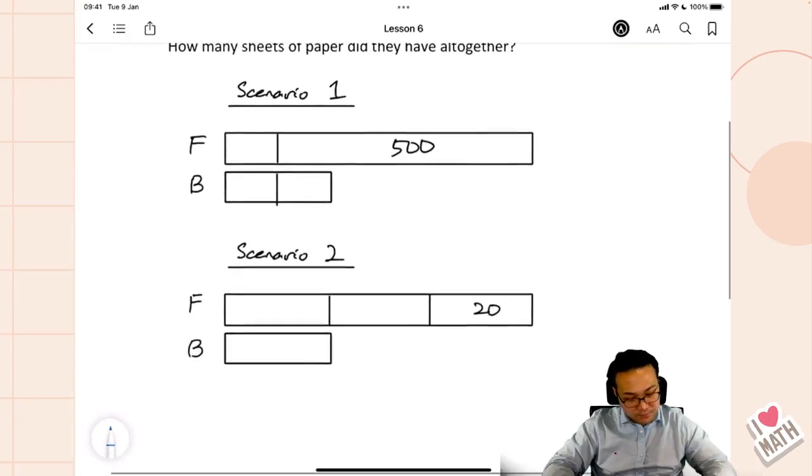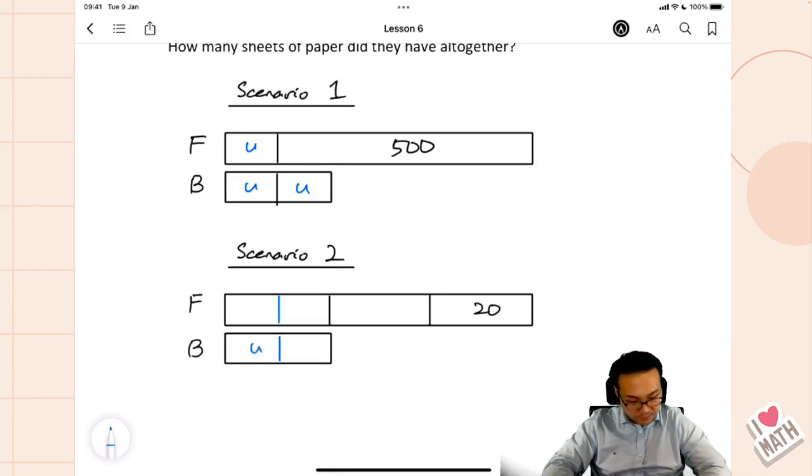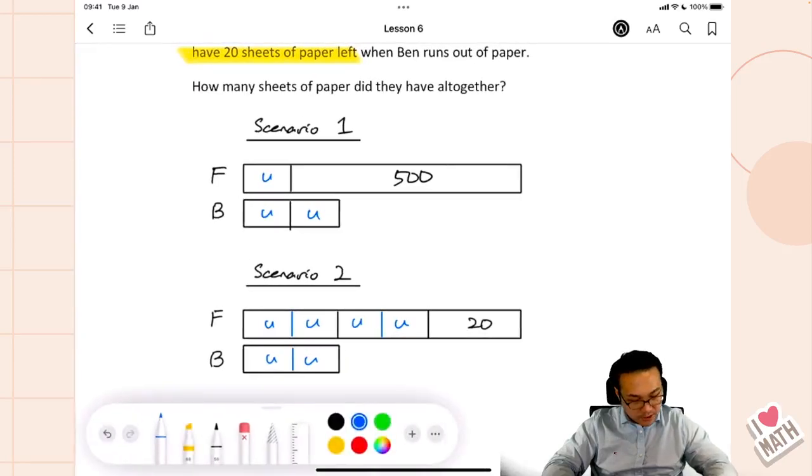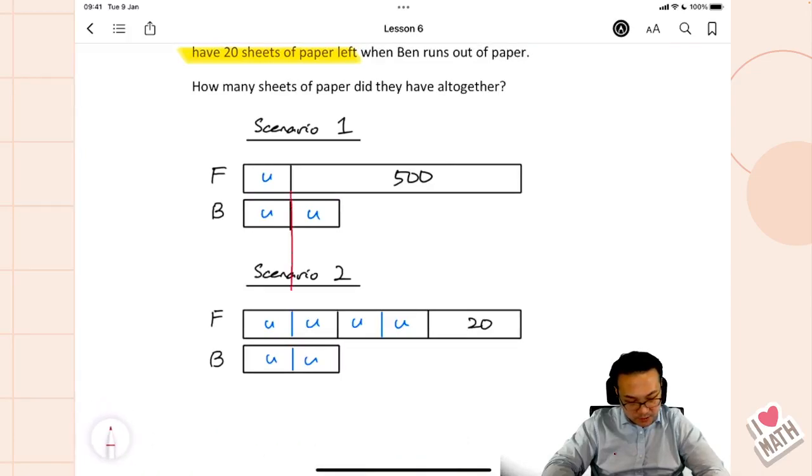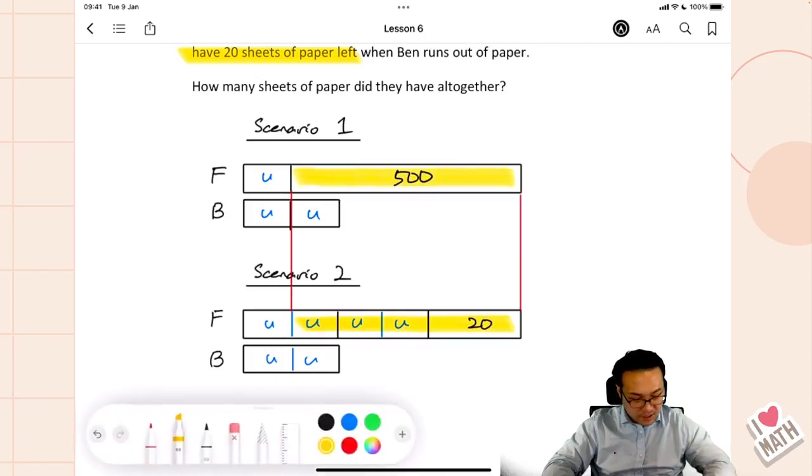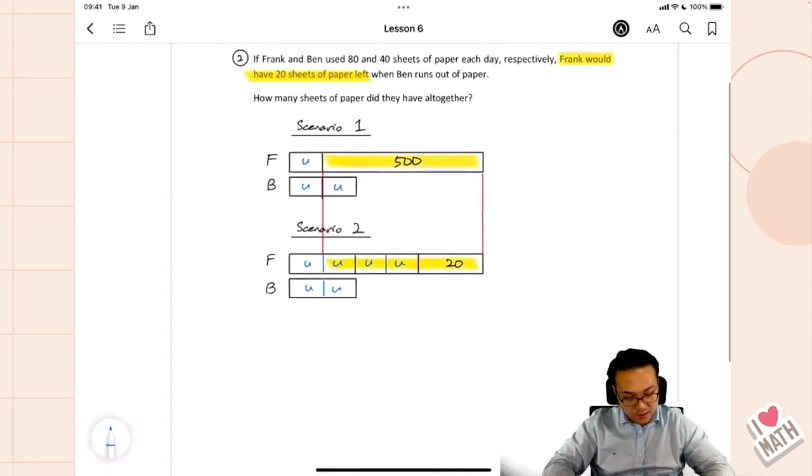What can I do now? Do you notice I can call these units? So why not we just make them all into units? Okay, now I'm going to draw red lines. Red lines from here to here. From here to here. What can you say, students? 3 units plus 20 equals to 500.